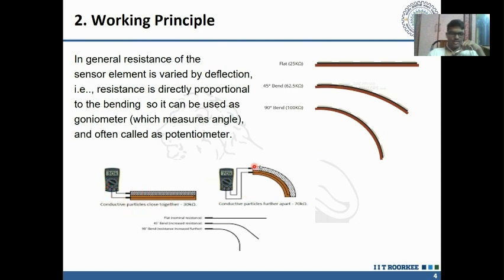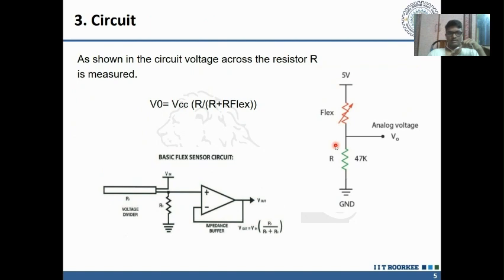Here you can see in the flat case it was 25 kilo ohms, and when bent to some angle the resistance increases, so the voltage across it also increases. So this is the working principle of the general basic flex sensor.